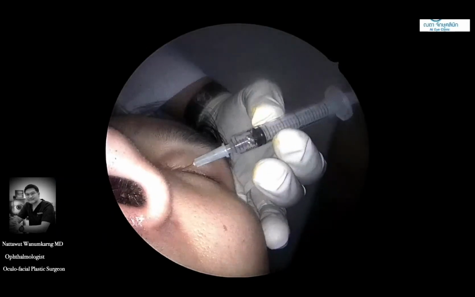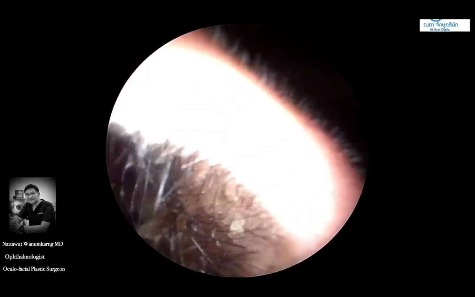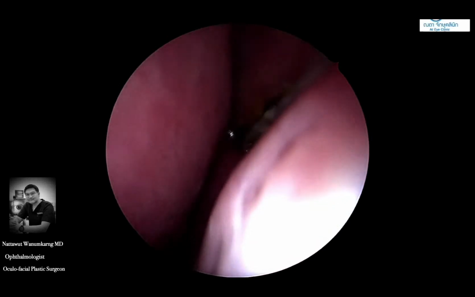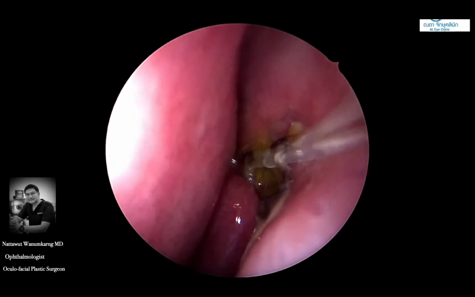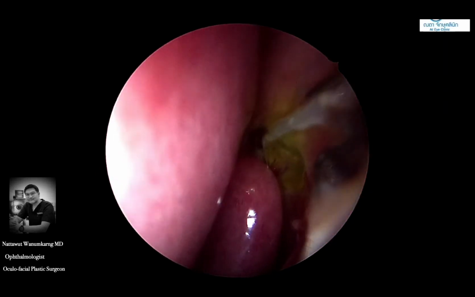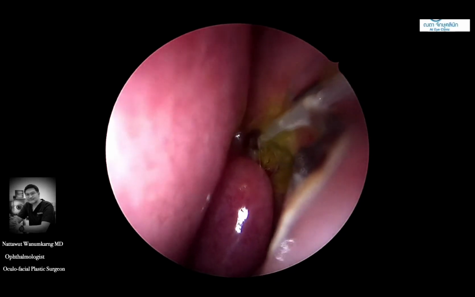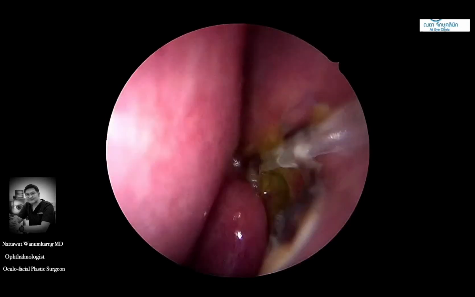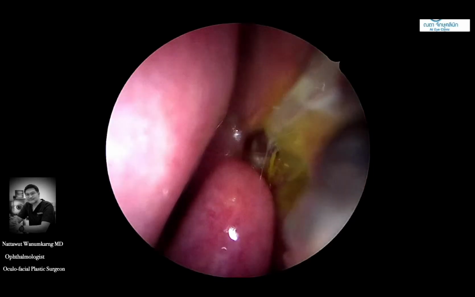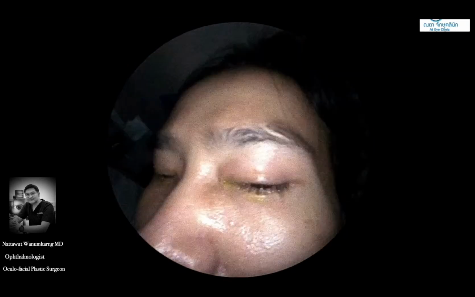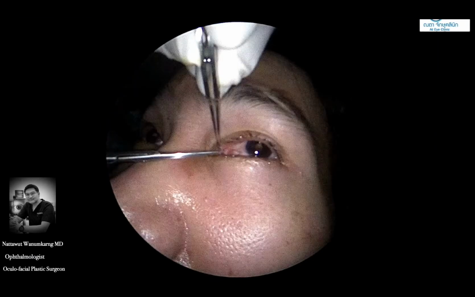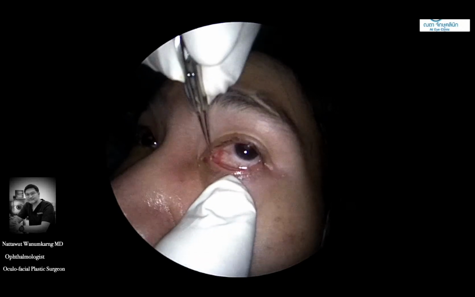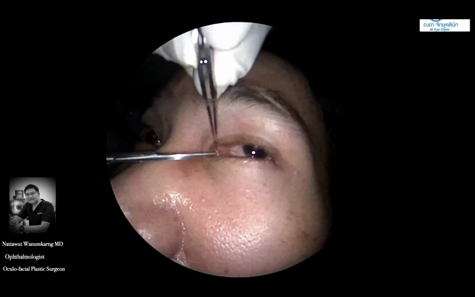The next one, we can prove by using the endoscope inside to see the tip of the lacrimal syringe. You can see some movement because of the tip of the needle, and you can see the water pass through.